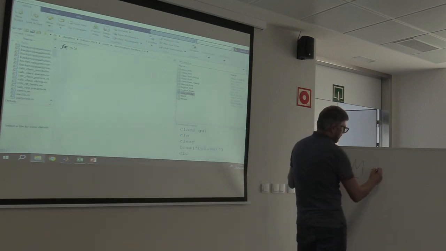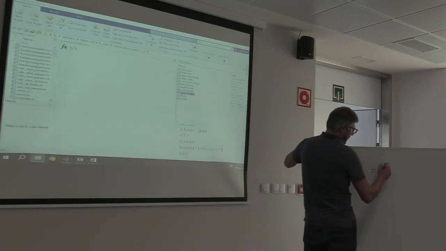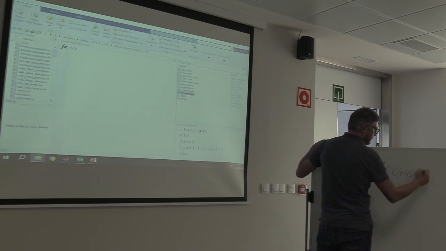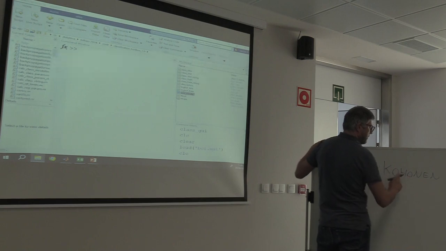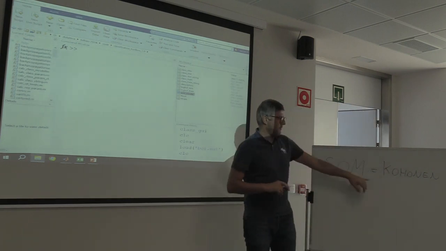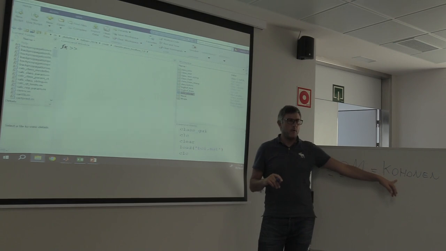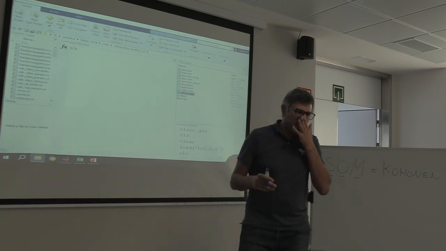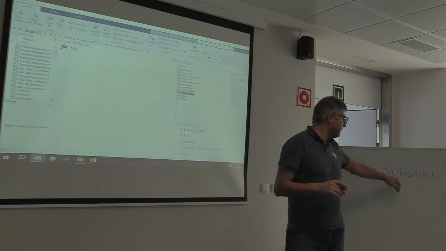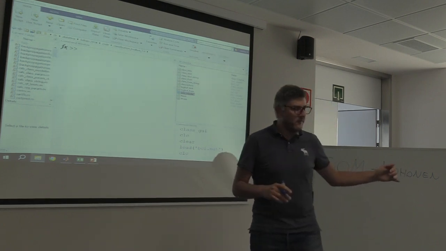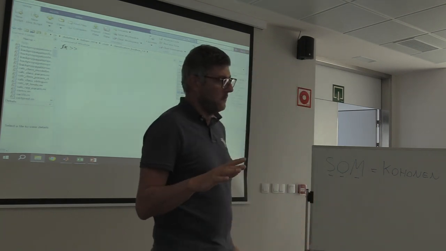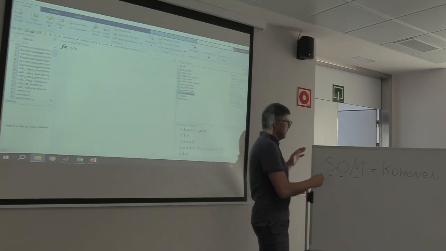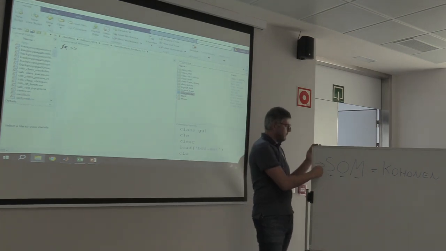These are also called Kohonen maps. I never remember which is which. Have you ever heard about Kohonen maps? Kohonen was the inventor. He was a Finnish guy. He was the inventor, I think, in the late 80s of this kind of neural network, self-organizing maps.